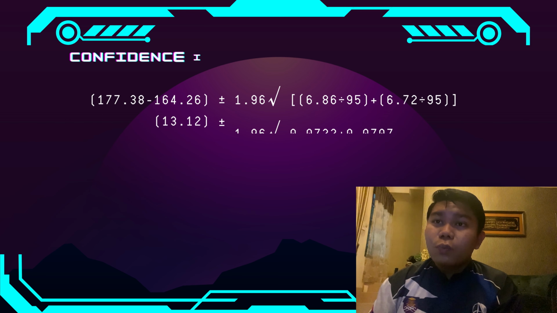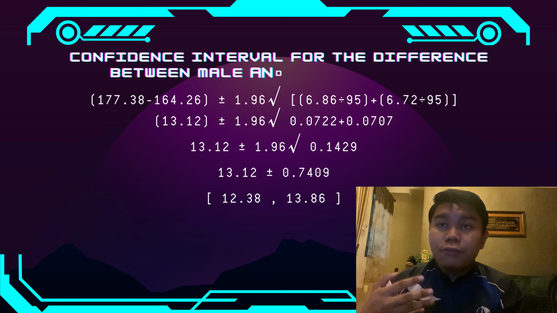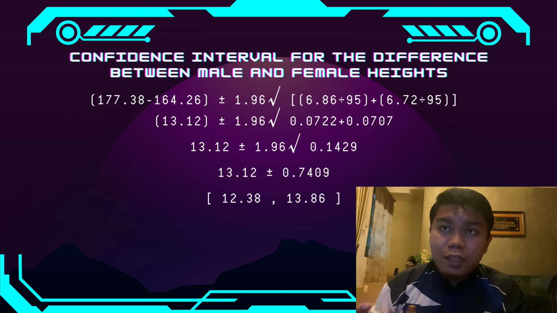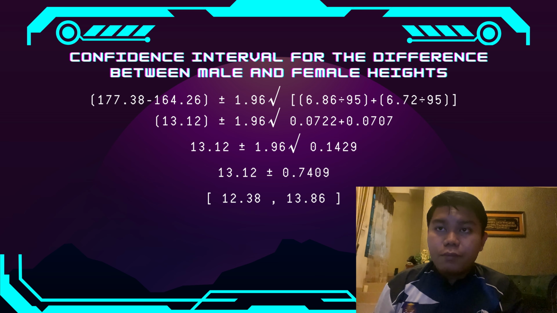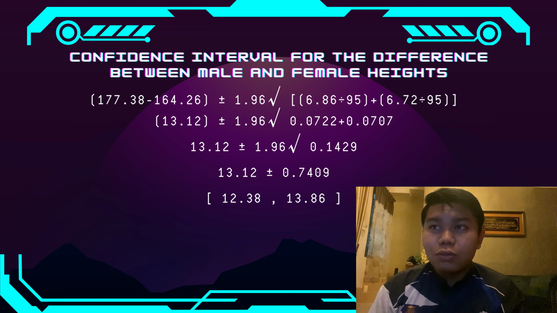After that, we just substitute the values into the formula: the difference of two means is equal to 177.38 minus 164.26, plus minus z alpha over 2, which is 1.96, times square root of 6.89 over 95 plus 6.72 over 95.